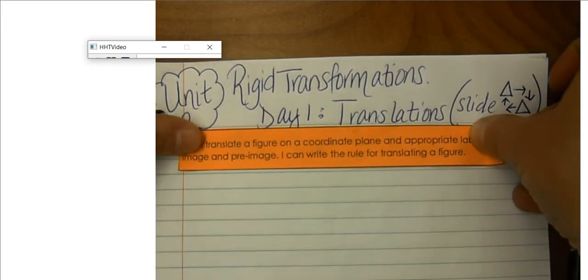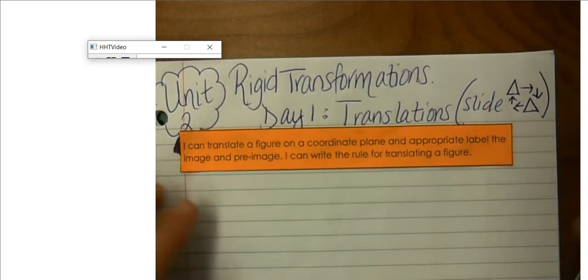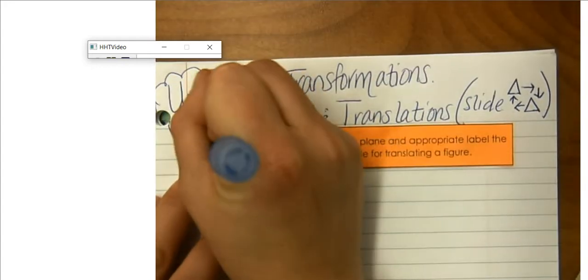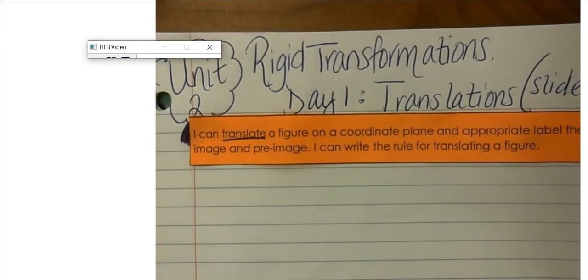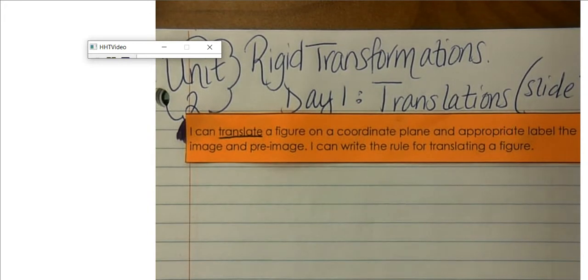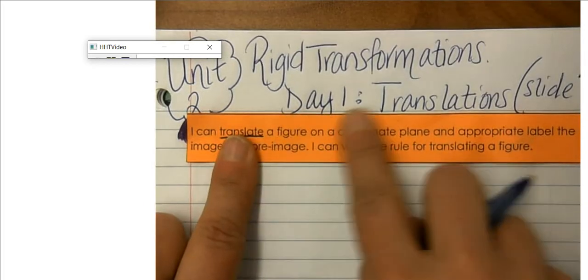can translate a figure. So translation, you guys are translating as we are talking right now. That is where you are going from one language to another language. We're kind of like moving or sliding. The meaning of the words are not changing, but the words that are being spoken are going to be different.